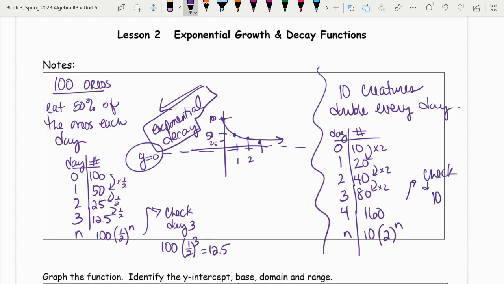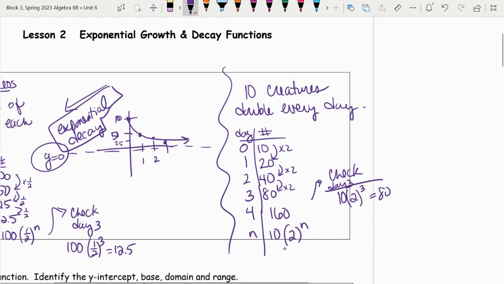So let's look at day 3. I start with 10 times 2 to the third power, which is 80. So at day 3, it checks. This is an example of exponential growth.